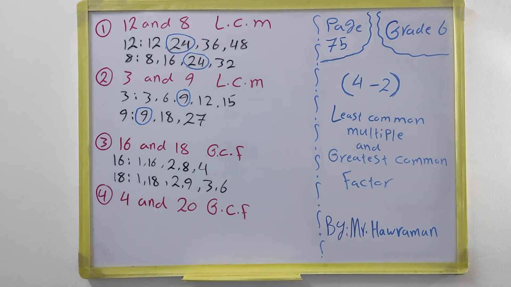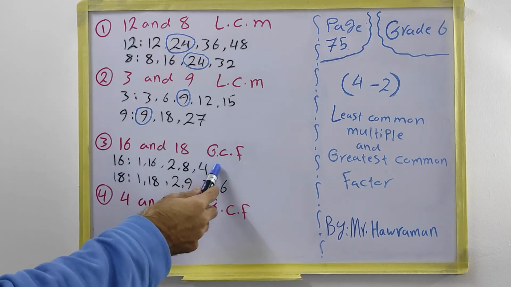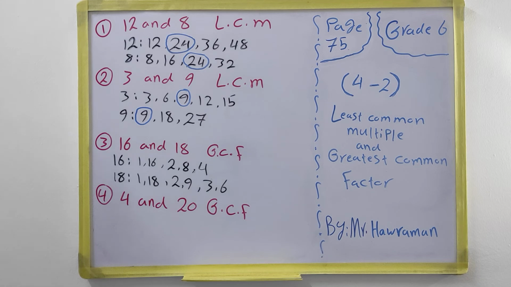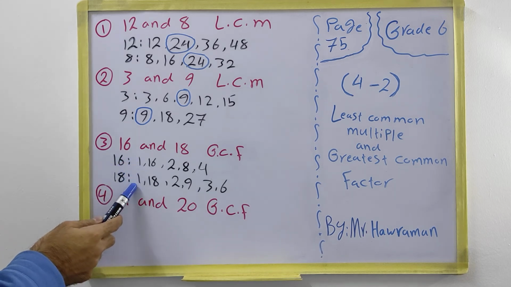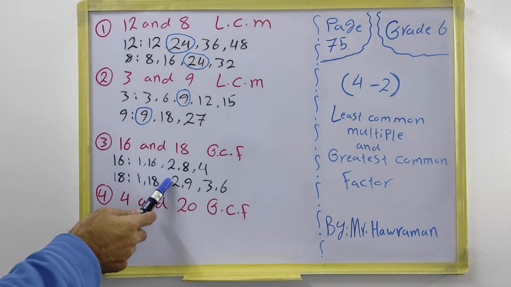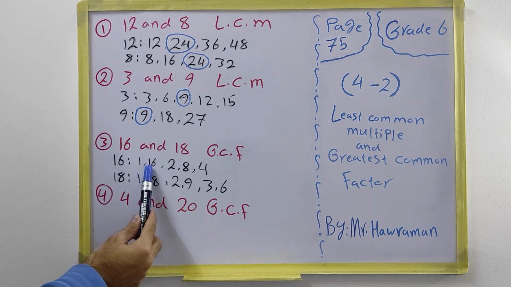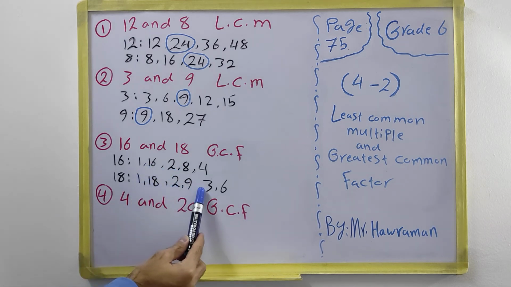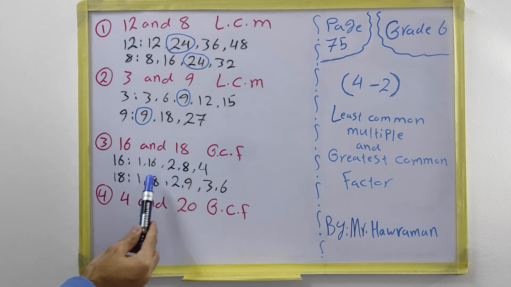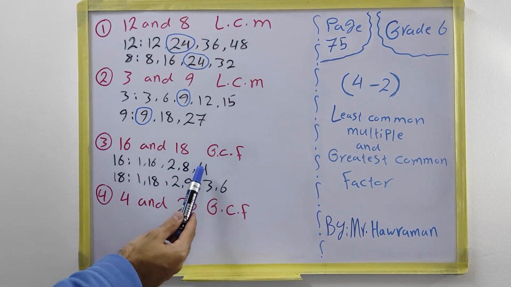Now for these factors, which number is the greatest that we have in both of the sides? We have 1 in both of the sides, but 1 is not the greatest one. We have 2. Do we have greater than 2? We check it. Do we have 16? No. Do we have 8? No. Do we have 4?